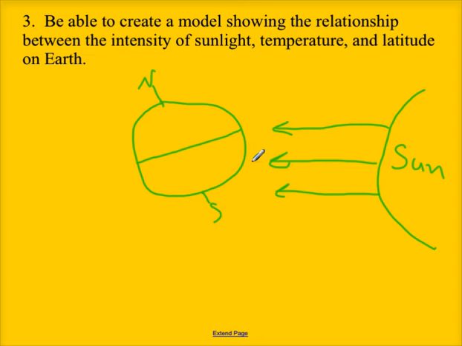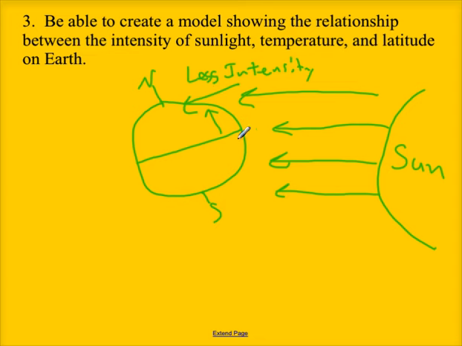So when you draw that in, you have to show that as this light comes in from the sun, as you go further away from the equator, you're going to have less intensity. So maybe I would say less intensity towards here.